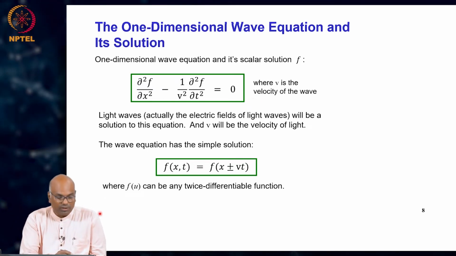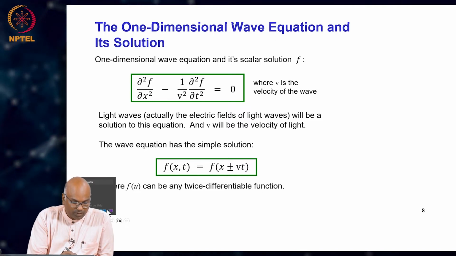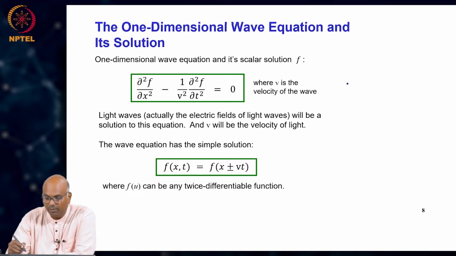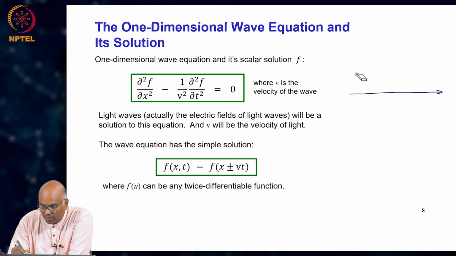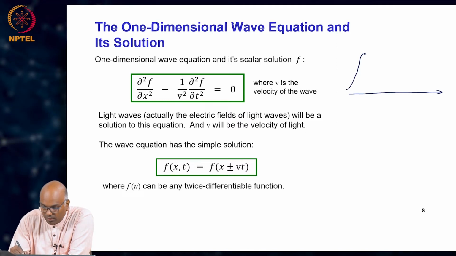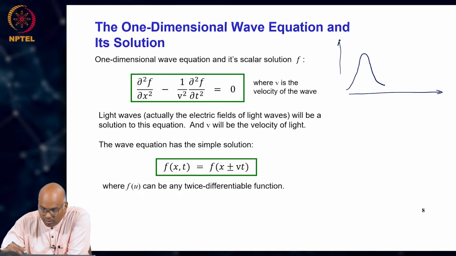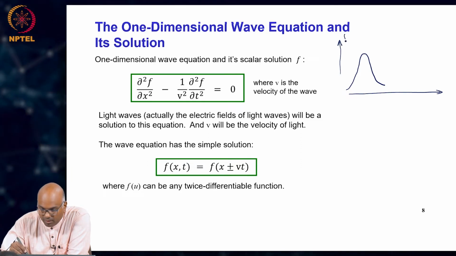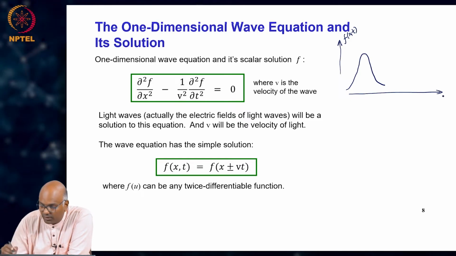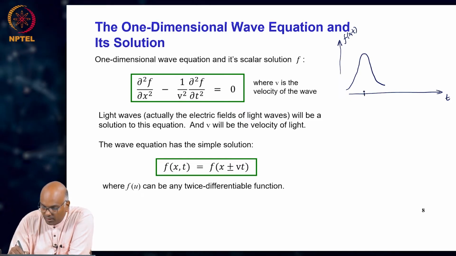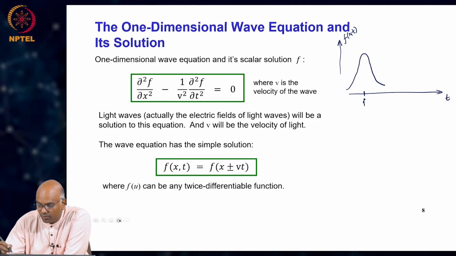Whatever instant of time you choose, the wave simply is a propagating phenomenon, and if it was a pulse like this, say this is the amplitude of the function f of x, t at some particular time t, let us say 1 unit of time.